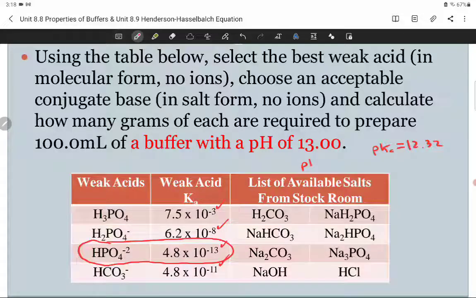So if we were going to try to figure out how much of the two components we'd need, we would have pH of 13 equals a pKa of 12.32 plus log of A minus over HA, and solve for those ratios. I'm going to have a lot of this written on a separate document because I don't have a lot of room right here.